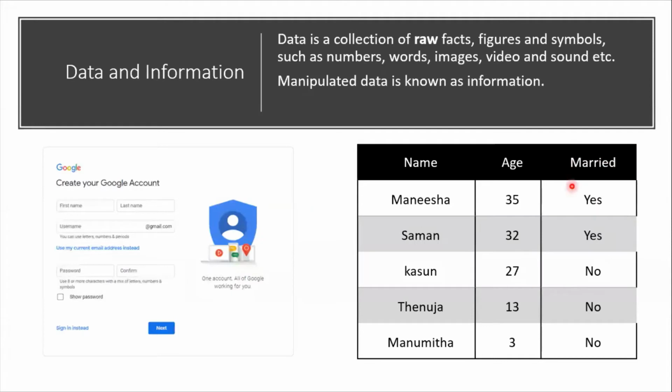What your brain does is it visits this column and moves down, figuring out what the yes cases are. Initially, there was a data set. But what happened here? I asked a question: who are married? Your brain starts manipulating.